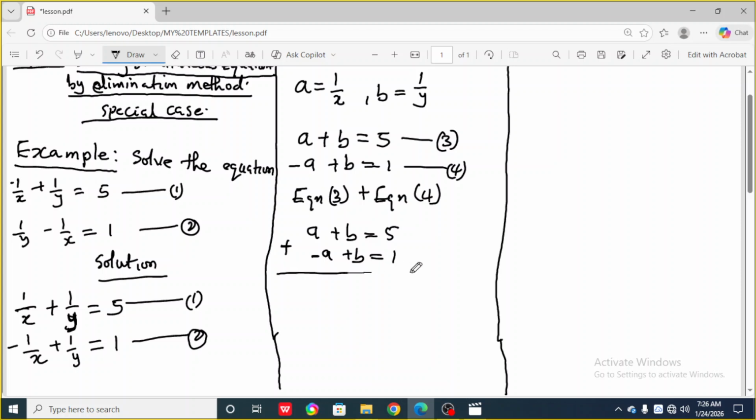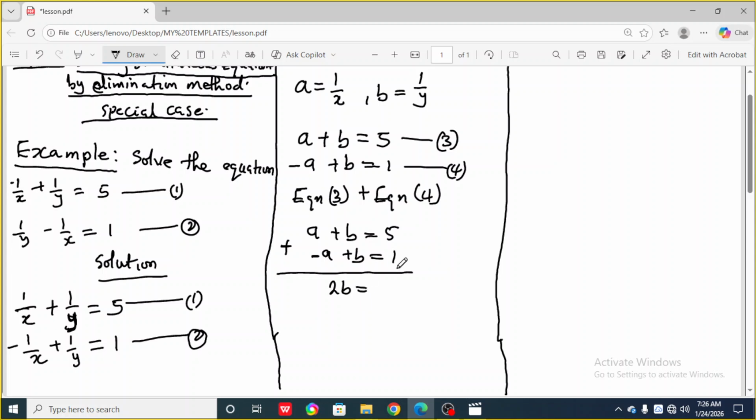So let me add now. a plus minus a, plus times minus is minus. That means a minus a is eliminated, it is gone. I will now have plus b plus b, plus times plus is plus. b plus b is 2b.